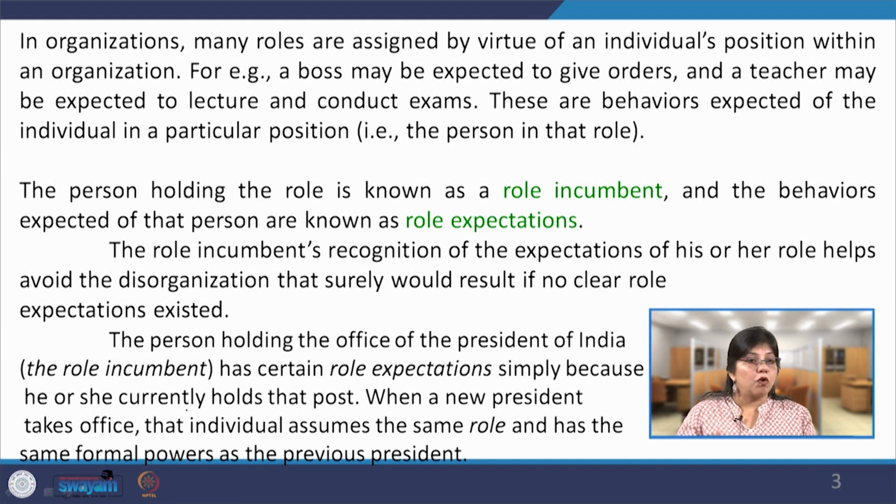It can be a boss, or a regional manager whose role is to take care of all the sales and marketing data regarding the sales of a particular product, and it has to be informed to the higher authority. So, this regional manager has a specific role to perform, and that performance is based on interaction with the higher authority.